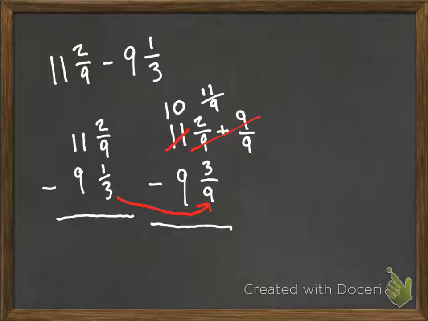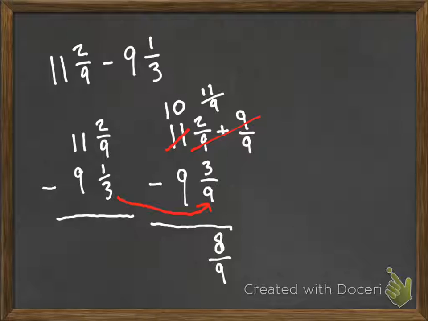When I'm looking at 11/9 minus 3/9, really what I'm saying is 11 of something, in this case 9s, minus 3 of that same thing, again 9s, is going to leave us with 8/9. Subtracting 11/9 minus 3/9 leaves us with 8/9.